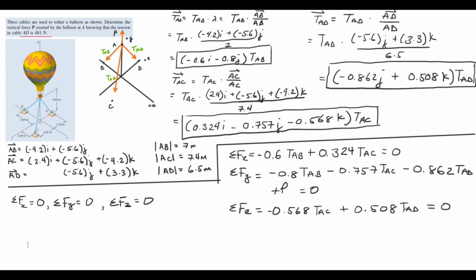In the problem, it's given to us that the tension in cable AD is 481 newtons. Now there are a few ways to solve when you have 3 equations and 3 unknowns. We can use substitution, we can use a matrix, or you can even use a calculator. But in this example, I'm just going to use substitution.